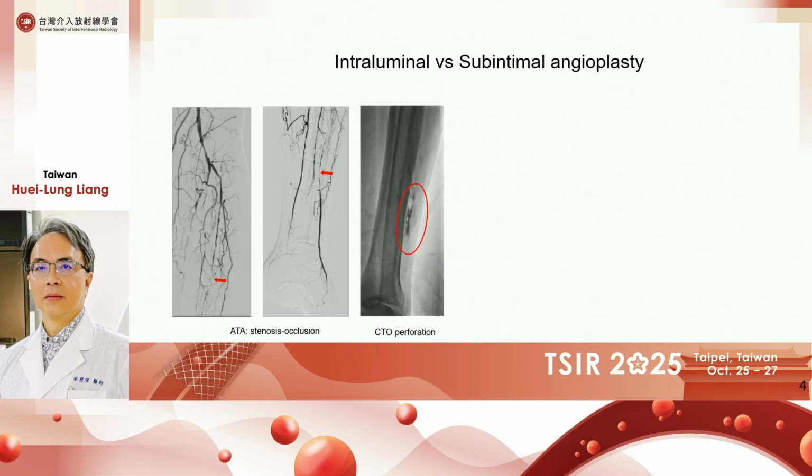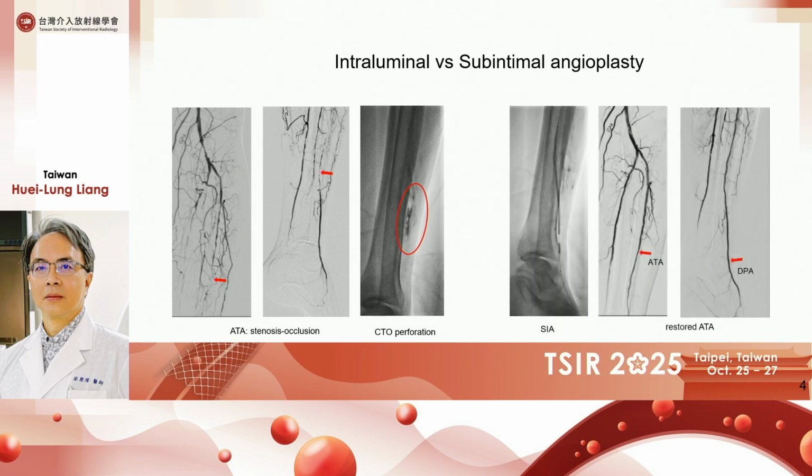This patient had long segmental steno-occlusive lesions in the left ATA. Vascular rupture was complicated during a guide wire cannulation. I shifted to subintimal route immediately with successful reentry into the distal ATA after balloon dilation.